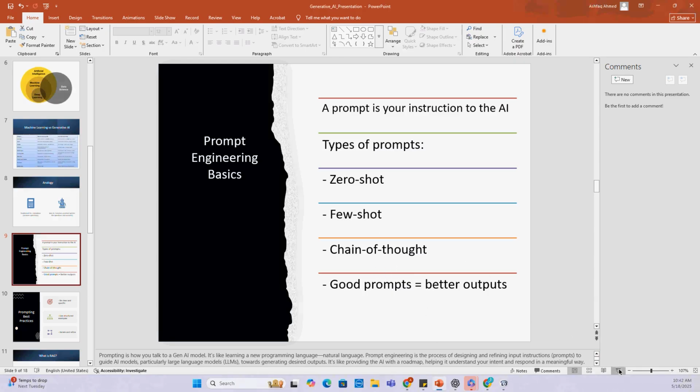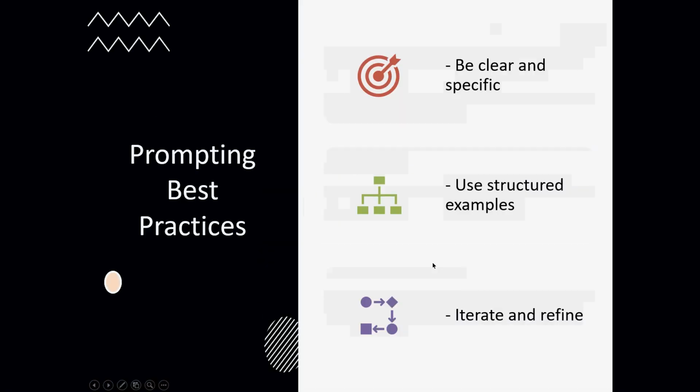As I said, when you are clear and specific in your prompting, it will give you better output. When you want a properly structured output, you give properly structured input with examples, and then it will give you what you are asking for in a structured response, right?